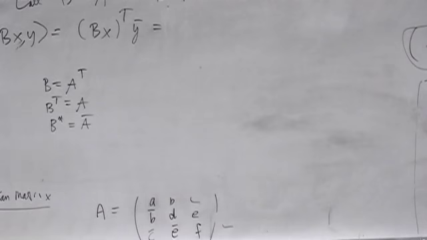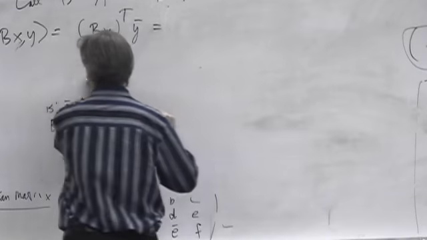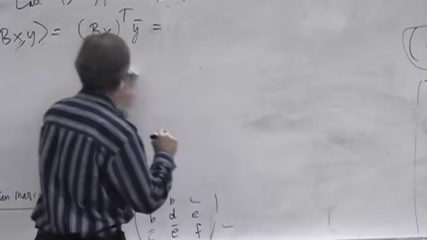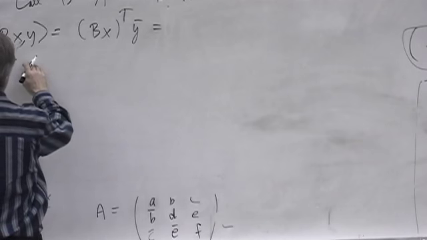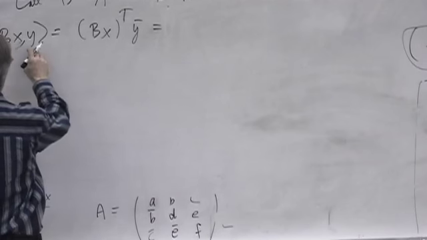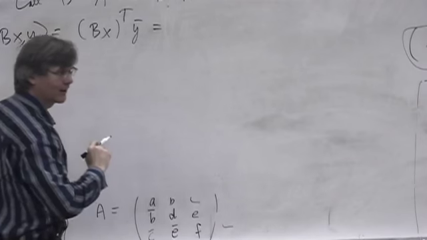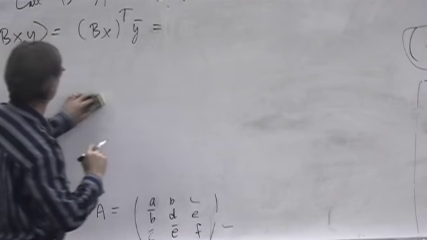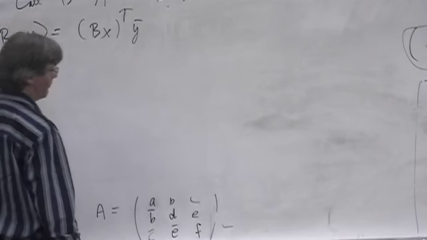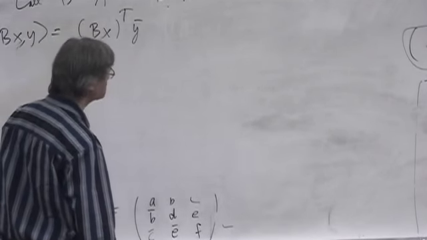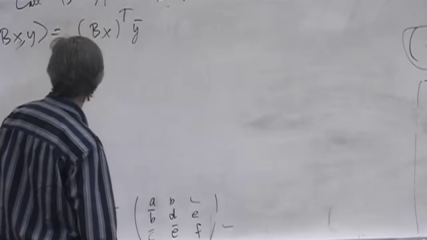I want to show that if I want to rewrite a form, I want to rewrite it where the B is on the Y instead.